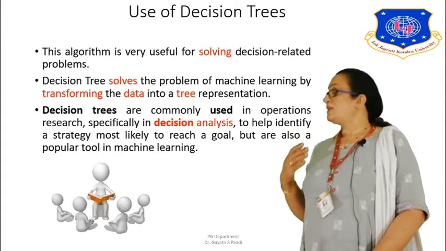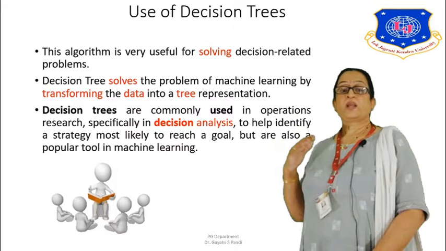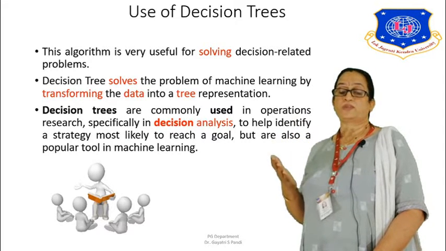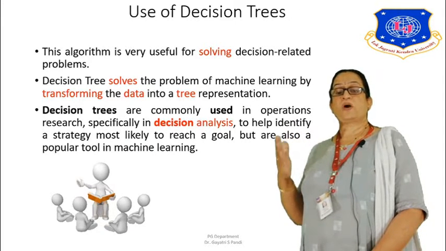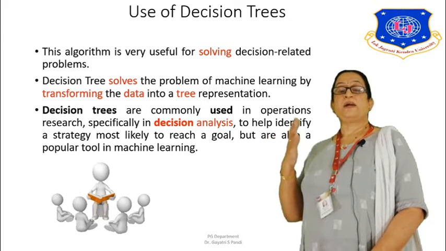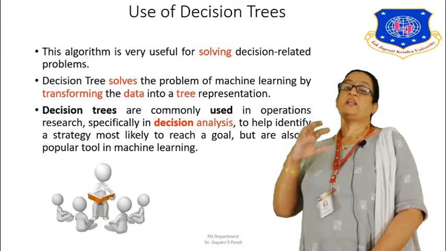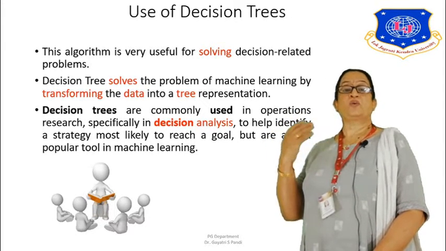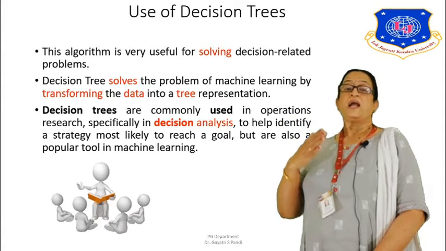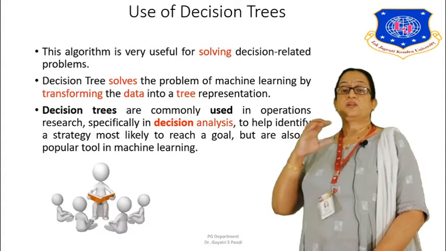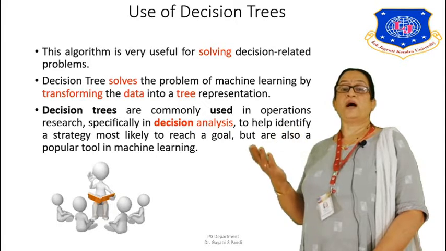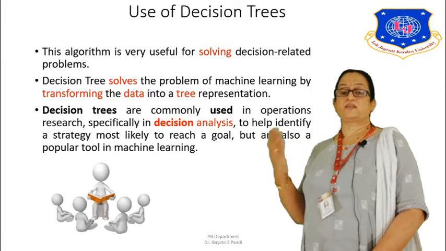Now the algorithm is very useful for solving decision related problems. So decision tree solves the problems of machine learning by transforming the data into a tree representation which has a root, terminal nodes and the intermediate nodes. So the terminal nodes, as I told you, are the decision to be considered.